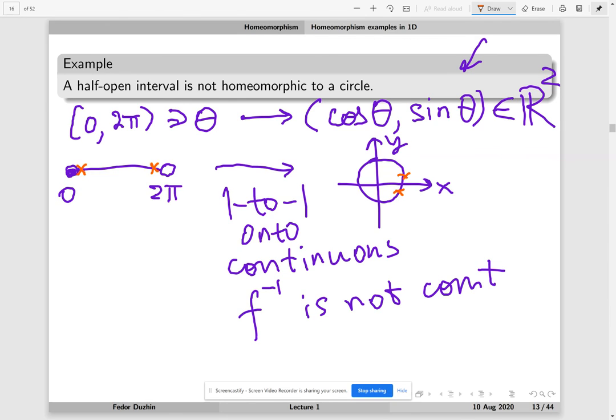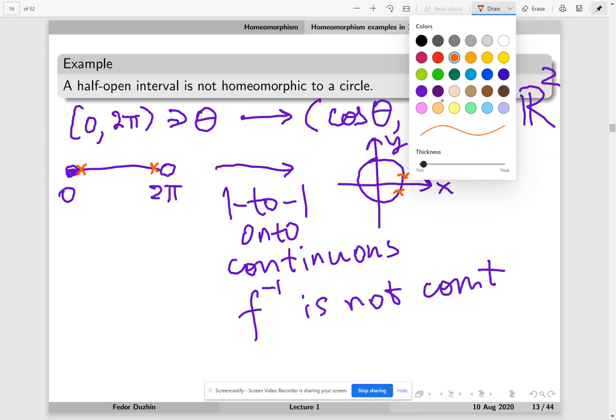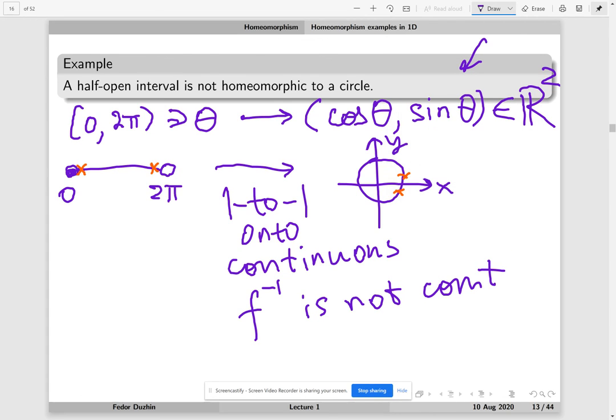Which means that the inverse function is discontinuous. So this is not a homeomorphism. But does it mean that our half open interval is not homeomorphic to a circle? Of course not. It just means that maybe we are stupid and we failed to construct a proper homeomorphism. Maybe someone smarter could construct one.